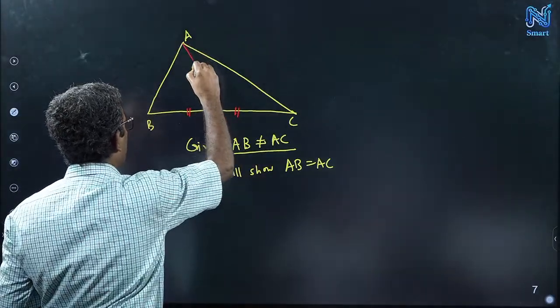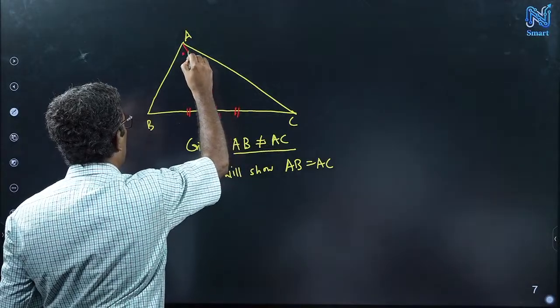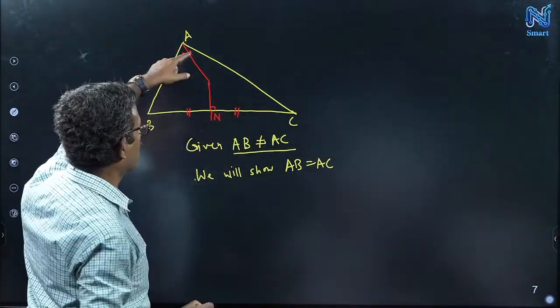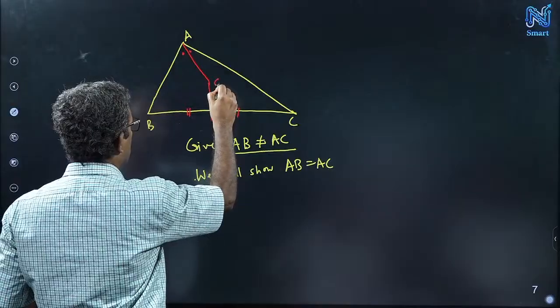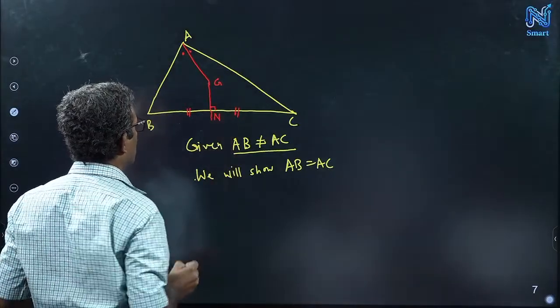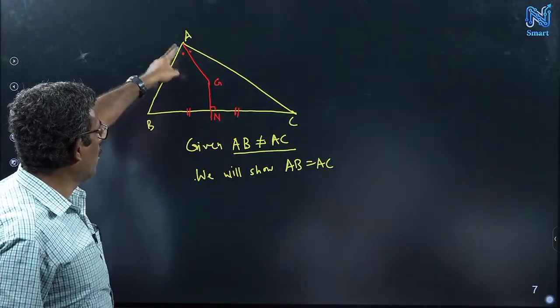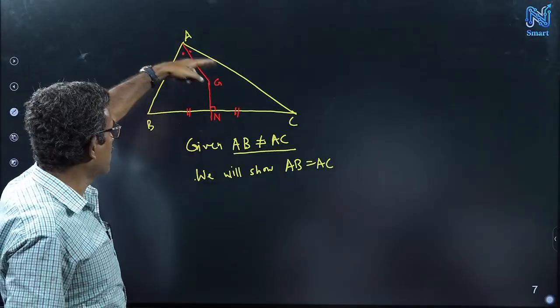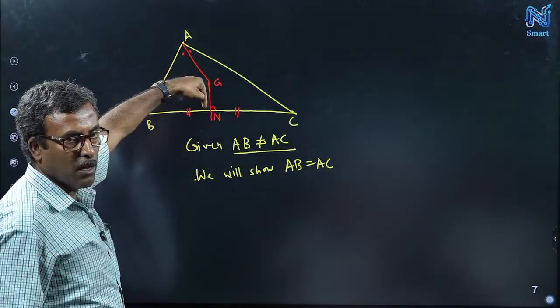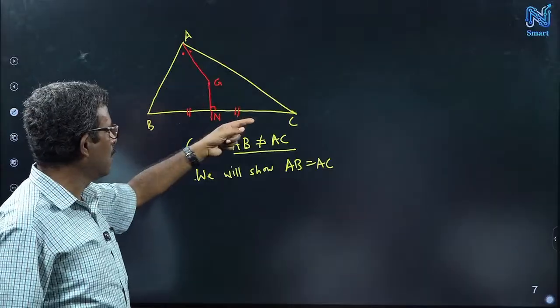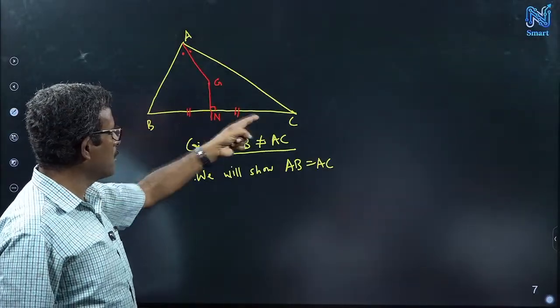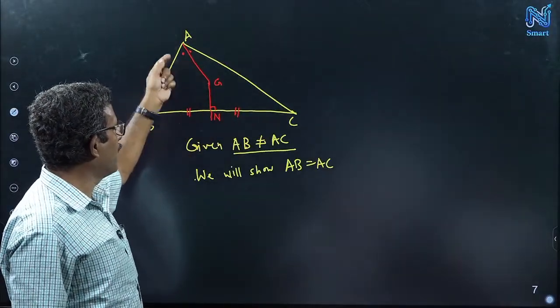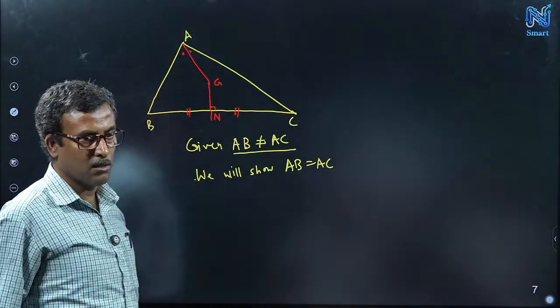And we drop the angle bisector, so these two angles are equal. Take this point as G. G is the common point of the angle bisector of BAC and the perpendicular bisector of BC. So GN is perpendicular to BC and AG is the angle bisector of BAC.